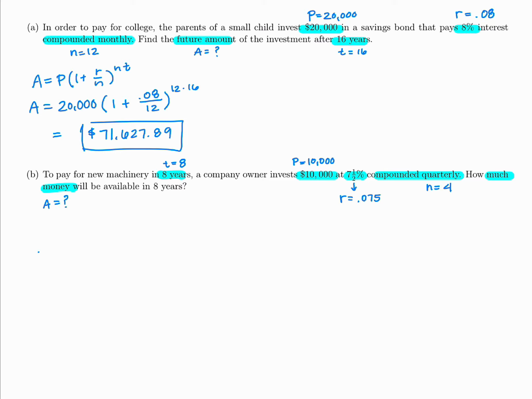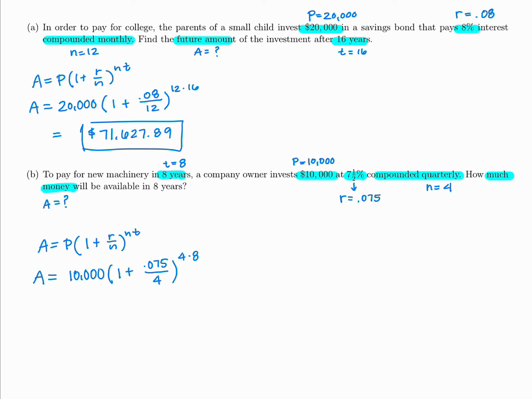So my formula is A equals P times 1 plus R over N to the NT. A, I don't know. That's what I'm looking for. My principal is 10,000. 1 plus my rate, I found to be 0.075, over my N, which is 4, to the NT, which is 4 times 8.